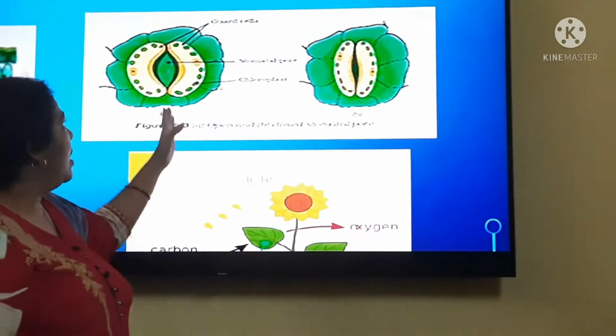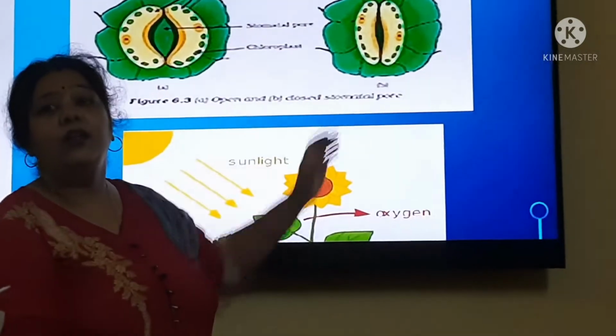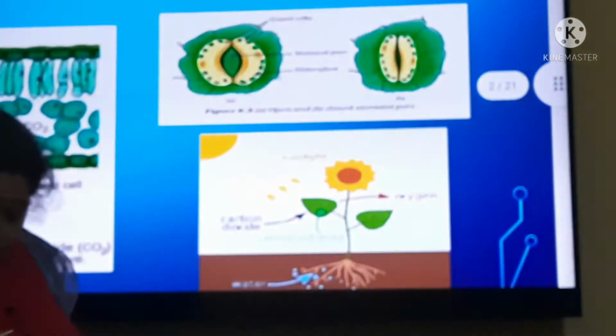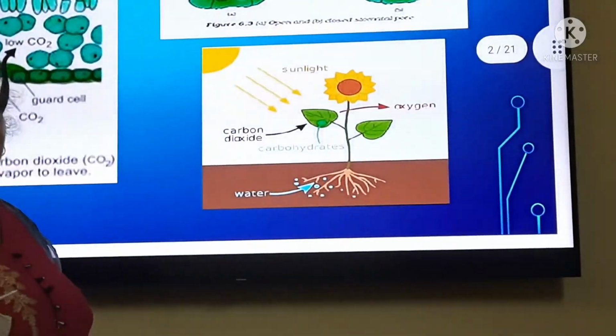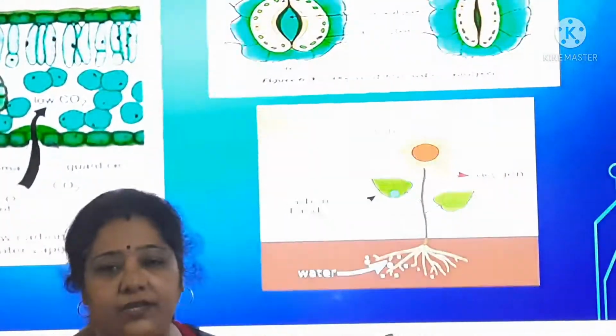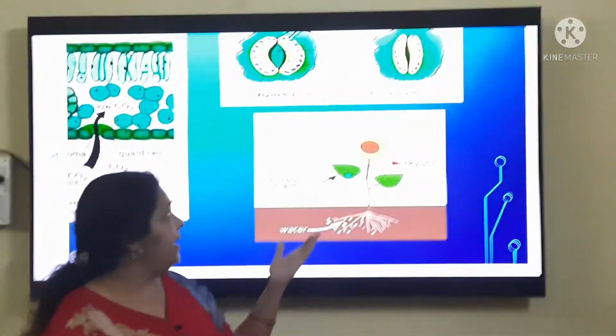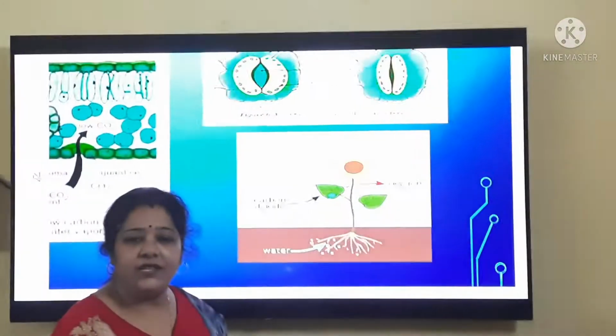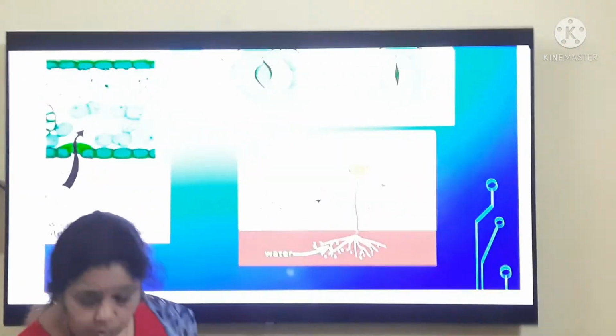So this is how the stomatal opening and closing happens. When the stomata opens, there is gaseous exchange, and when it closes, the gas will not exchange. During the daytime there is more gaseous exchange, and during the night it becomes flaccid, and there is not so much gaseous exchange.